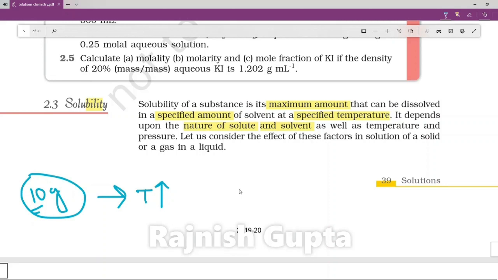So that can be defined indirectly. We can say how the solubility of a given solute changes with the temperature.